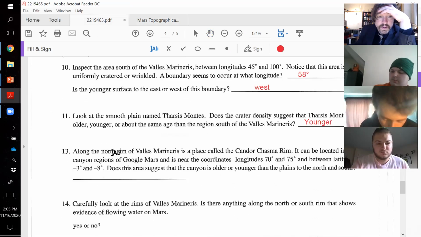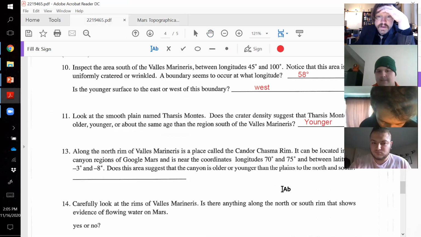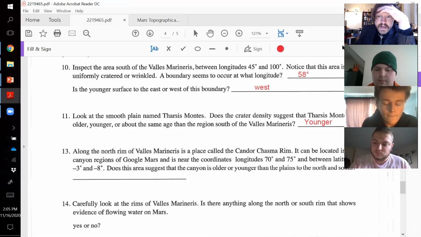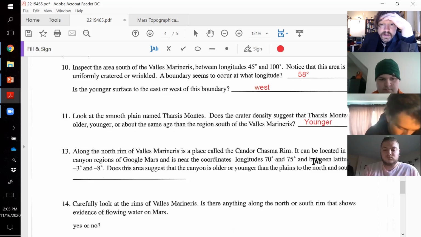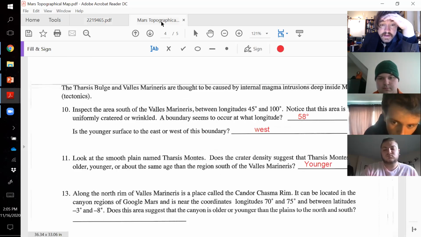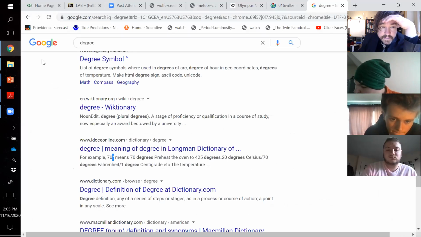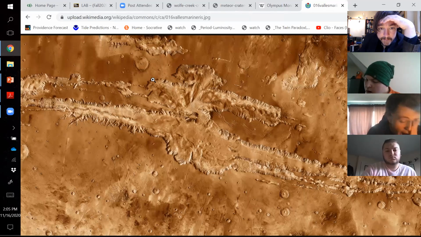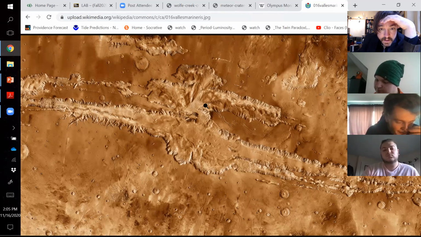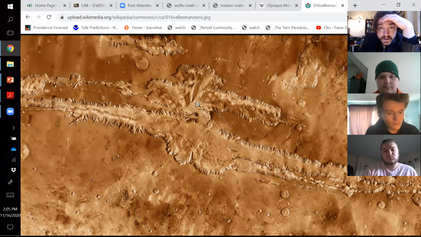Along the north rim of Valles Marineris is a place called Candor Chasma Rim. Does this area suggest that the canyon is older or younger than the plains to the north and the south? The Candor Chasma Rim is this area up here. Does that look older or younger than the plains?